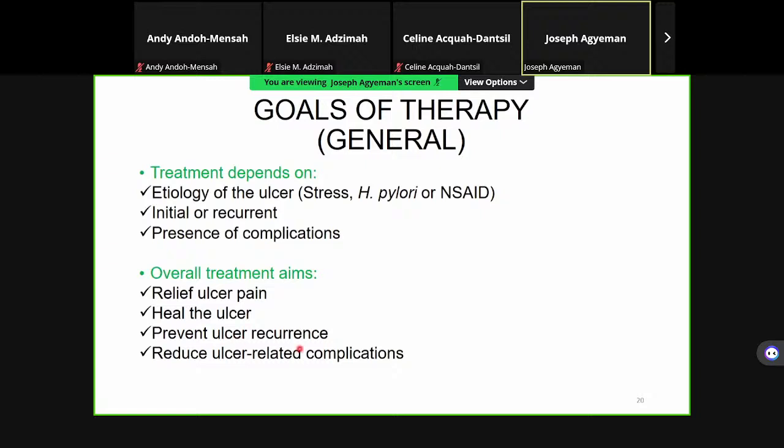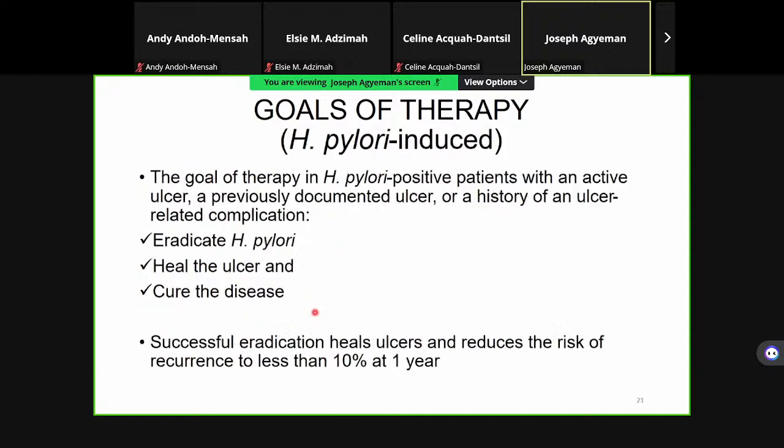And also try and reduce the occurrence of complications. And if the complications are there, manage. So these are general, regardless of the cause of the peptic ulcer. Then you may have additional goals to attend to.